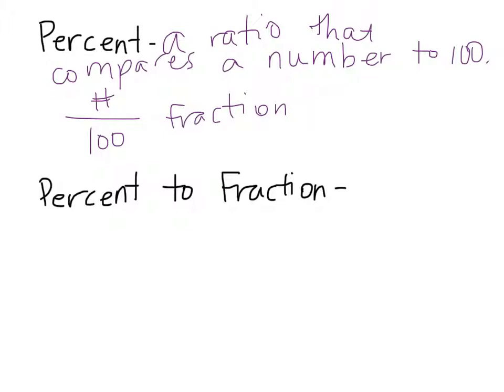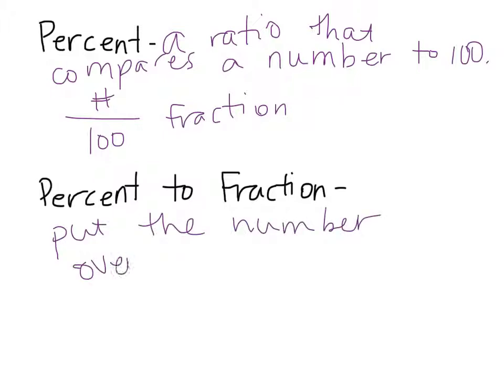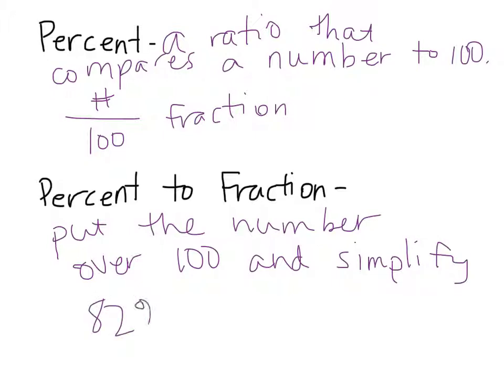Okay, so if we want to turn a percent into a fraction, we put the number over 100 and simplify. So if I have 82%, I put 82 over 100 and simplify to 41 over 50.